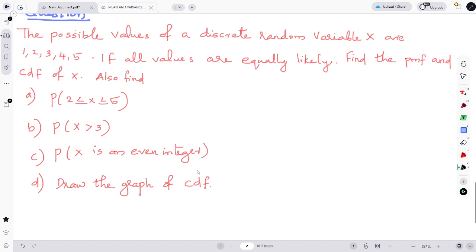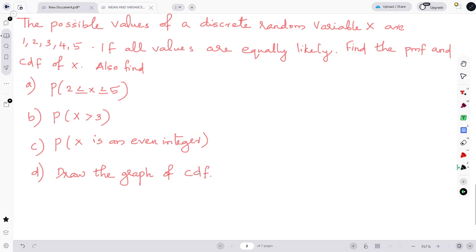So the values of the random variable are given but the PMF is not given, and you also have to find the CDF without the table of PMF. In the previous example, we had the PMF table.